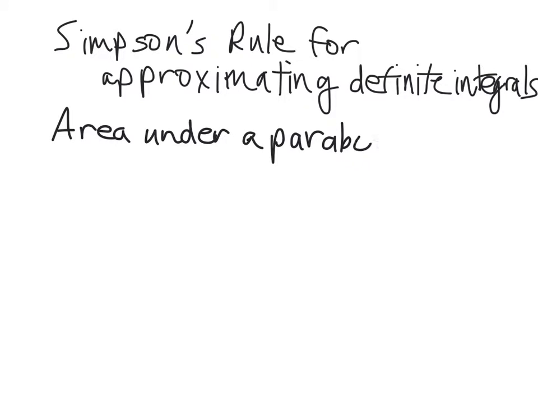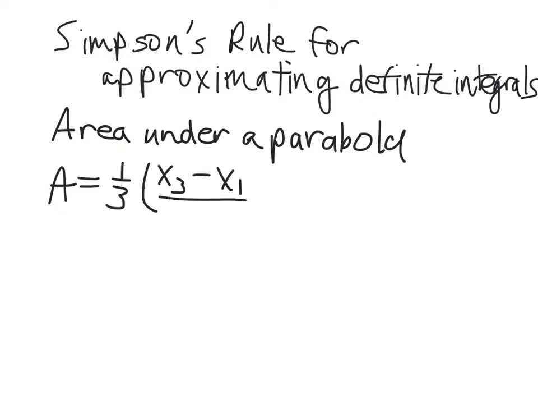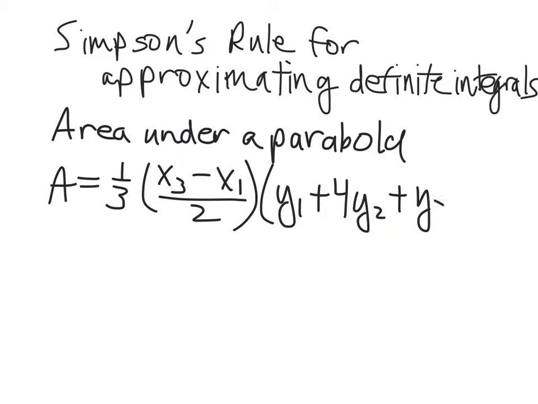the formula for it is 1/3 times (x sub 3 minus x sub 1) all over 2, and then (y sub 1 plus 4 y sub 2 plus y sub 3).